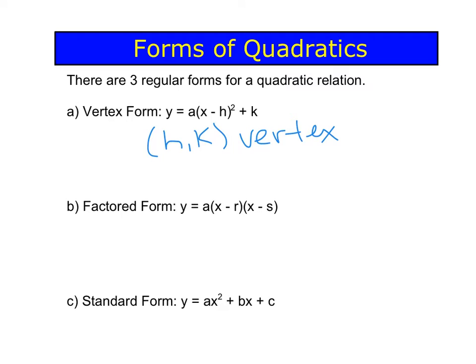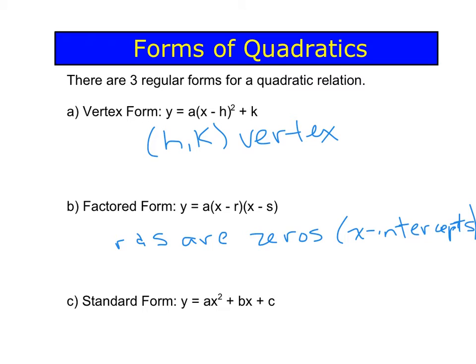Factored form tells you the zeros. So r and s are the zeros. Another word for zeros, x-intercepts. Okay, so they tell you the x-intercepts.